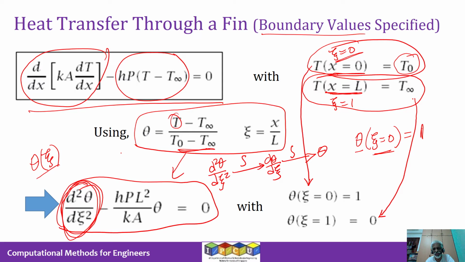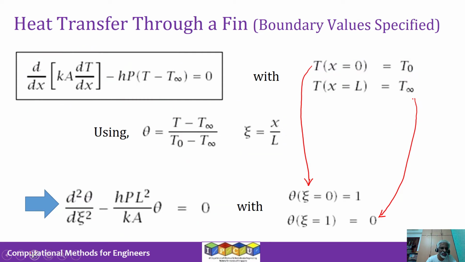So that transforms the first condition in terms of the new variables theta and psi. Now, when you come to the second boundary condition, T at x is equal to L is T infinity. So x is equal to L is nothing but psi is equal to 1. Temperature is nothing but theta in the new scheme of things.